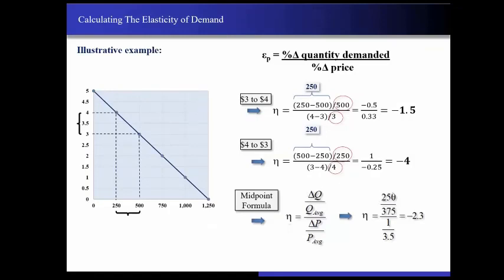We'll just put 250, okay? But we're going to divide by 375. 375 is simply the average of these two numbers. For the percentage change in price, we're going to take the change in the price and then divide it by the average price, which is 3.5. If we do that, we'll get that the elasticity is -2.3.